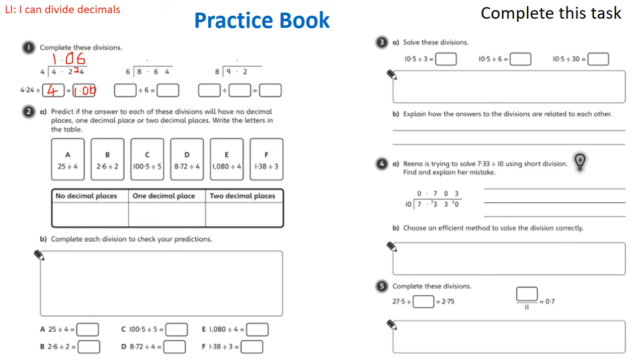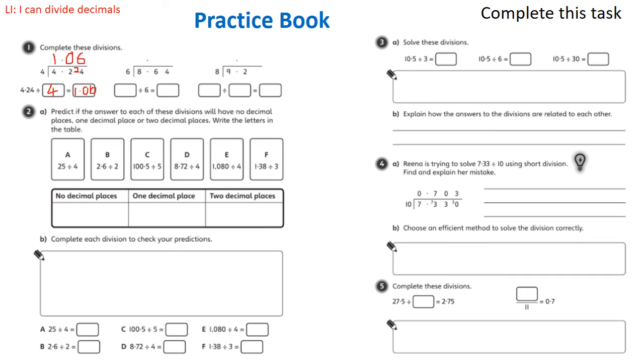Okay, on question 2, first of all, it's asking you to predict the answer to each of these divisions as whether or not they will have no decimal places, 1 decimal place, or 2 decimal places. So remember the last question that we did on the previous slide? What did you learn from that that will help you make your predictions?